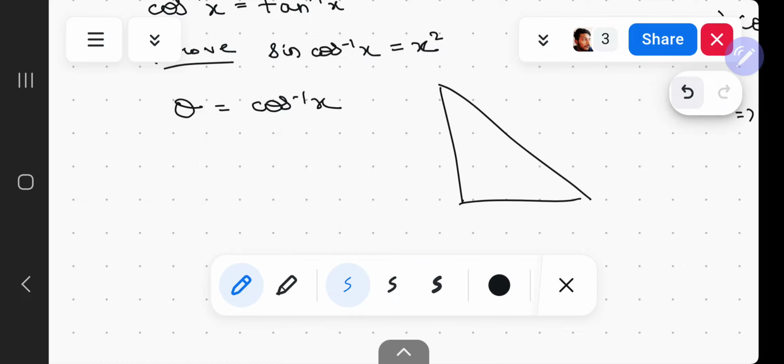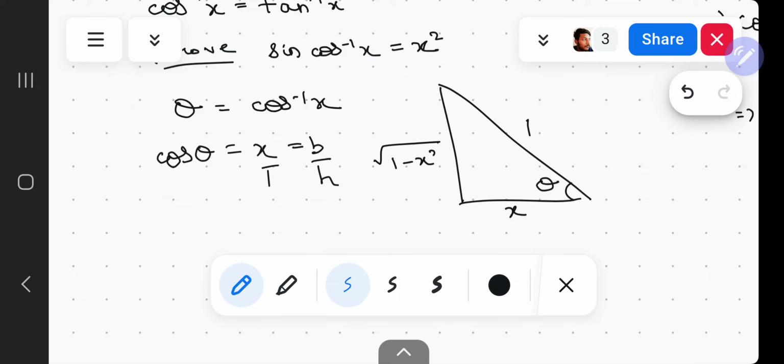Okay, now we'll draw a triangle. Cos theta will be equal to x, which will be equal to base over hypotenuse. So if this is the angle theta, there will be a base and there will be a hypotenuse. The value of base is x and the value of hypotenuse is 1. So perpendicular will be under root of 1 minus x square.